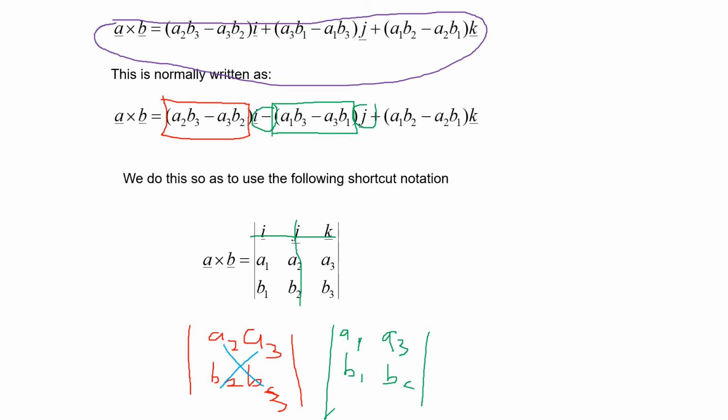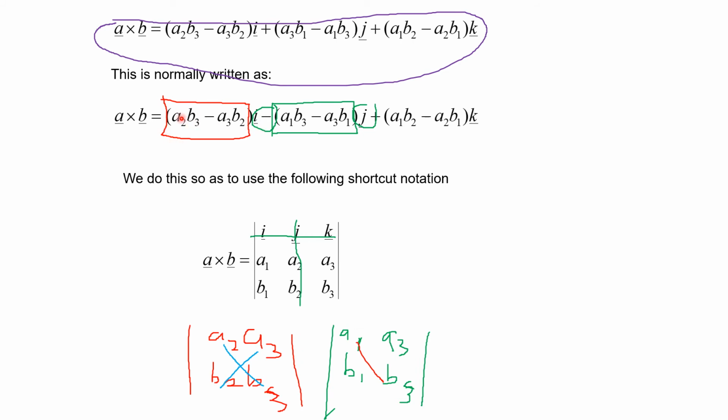Okay, so how we obtain the one that is green boxed over here is simply by applying the determinant formula, which is ad minus bc, right? So a1 times b3 minus a3 times b1.